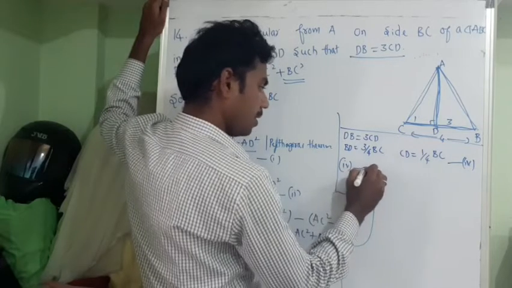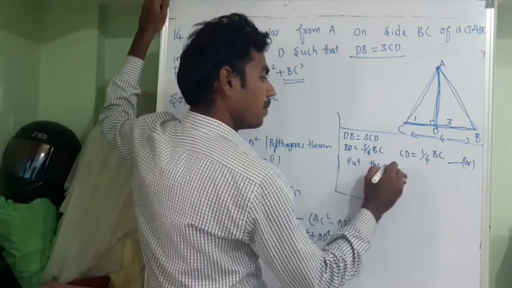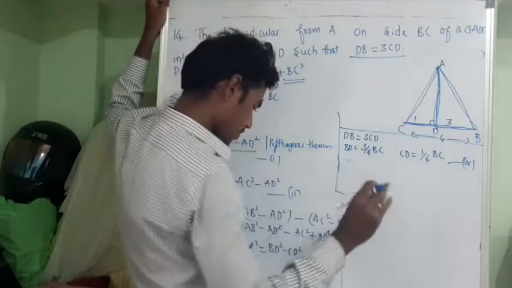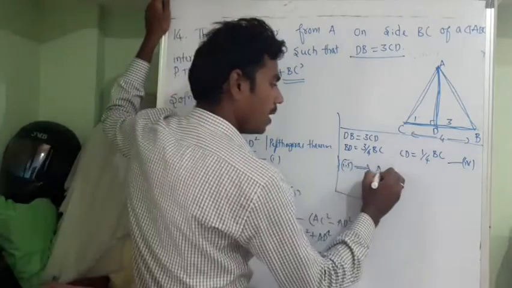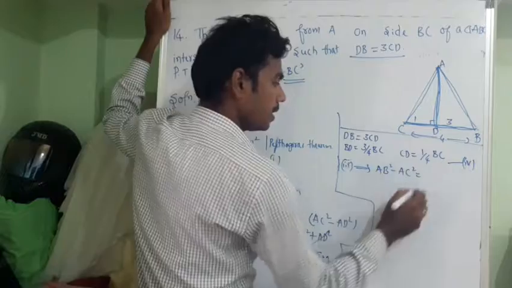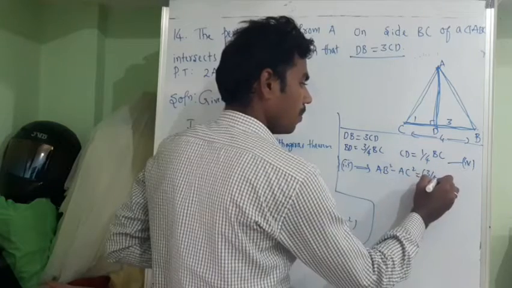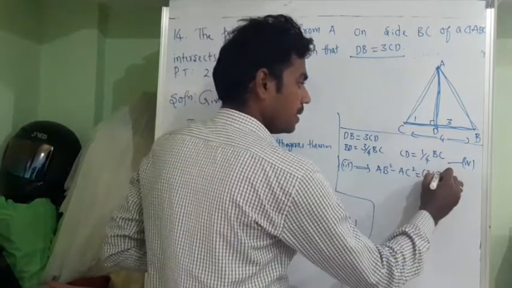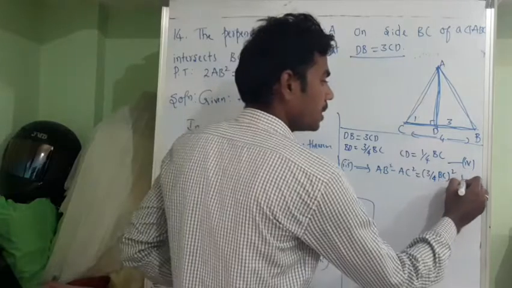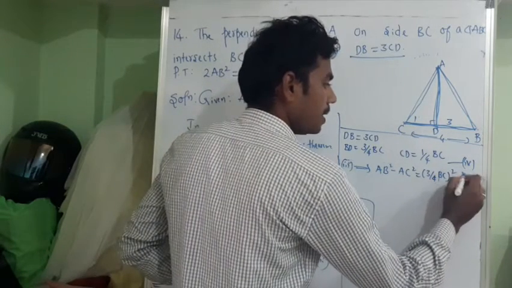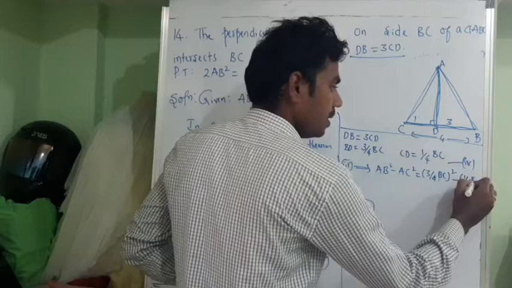Putting 4 and 5 in 3, equation 3 becomes AB square minus AC square is equal to, instead of BD square, 3 by 4 BC square, and instead of CD square, minus 1 by 4 BC whole square.